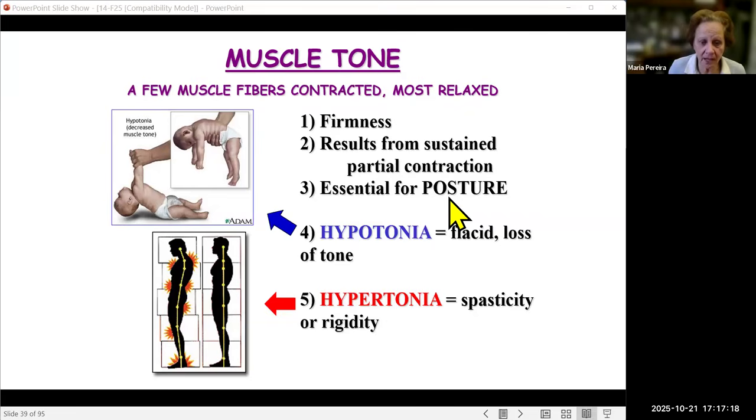For us to be standing up, we need a few muscle fibers to be contracted. If they're not contracted, then you develop this condition that's known as hypotonia, where there's no contraction, the body is flaccid. Or if it's overcontracted, then you develop spasticity. So these two conditions depend on the amount of tone that is being developed. So hypotonia, no tone, hypertonia, over tone.